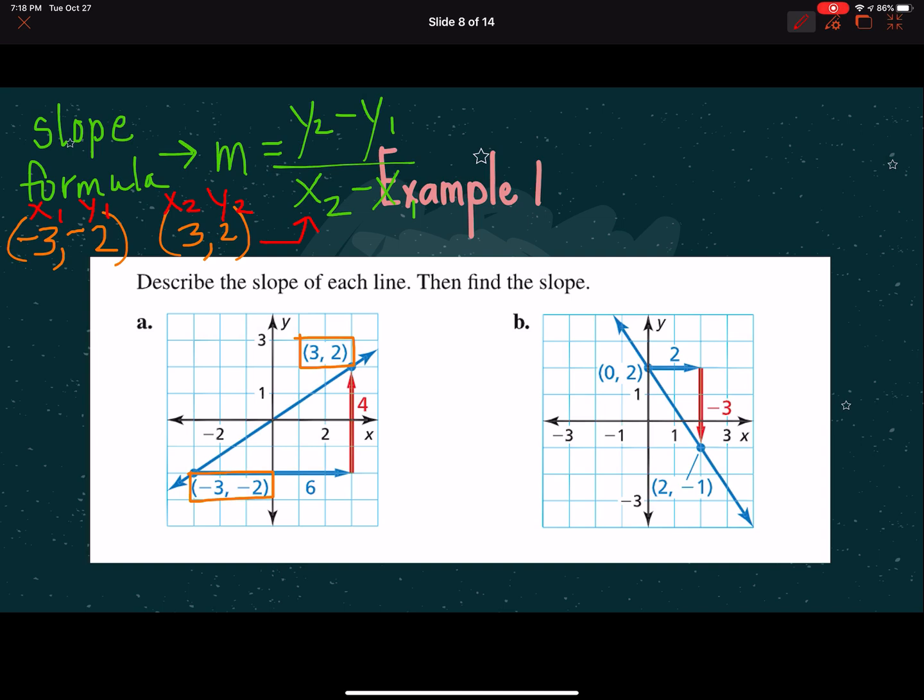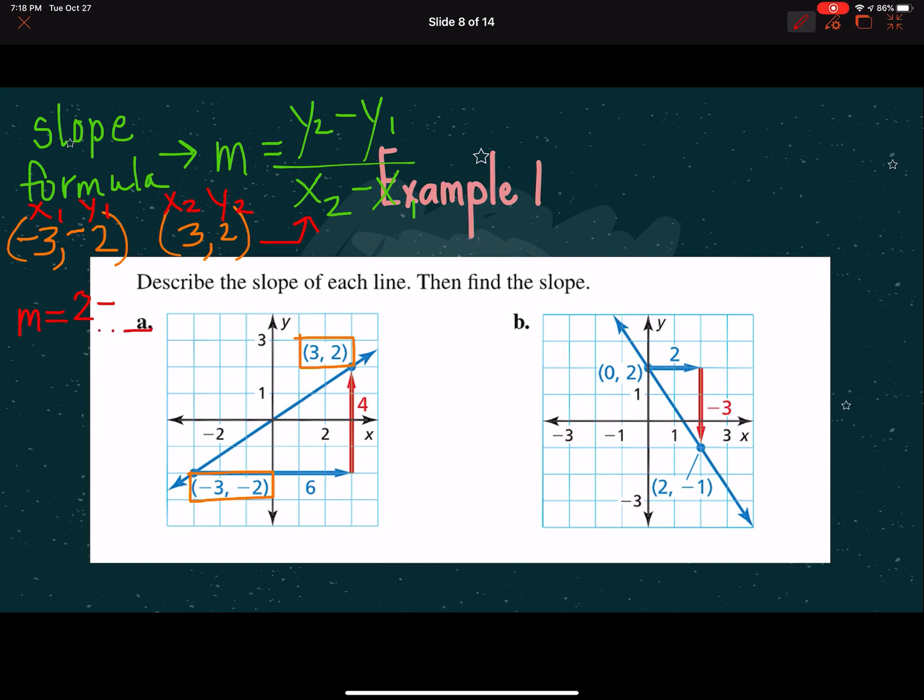So let's practice substituting those into the formula and talk about what that would look like. So I would take my y2, which is 2, and guys, you must do it in the correct order. So if this is my set 2, I have to use this y and I have to use this x as set 2.